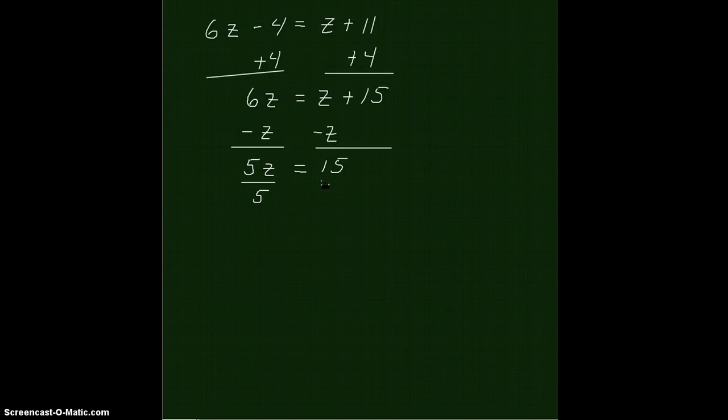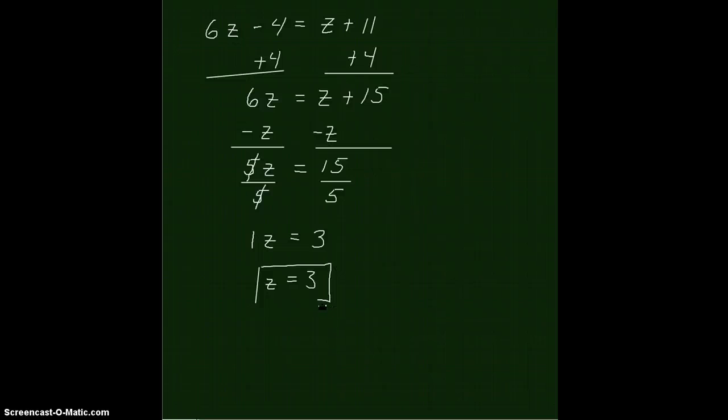Notice how I'm working vertically. Divide both sides by 5. This 5 and this 5 cancel. I say cancel, but really it's 5 over 5 times z. But 5 over 5 is just 1. So it's 1z is equal to 15 divided by 5 is 3, or z in this case equals 3.